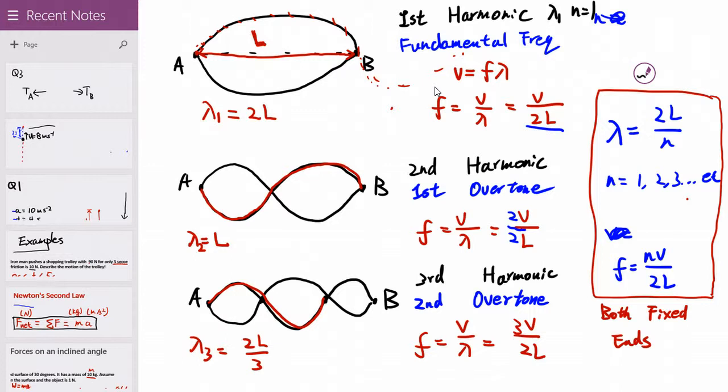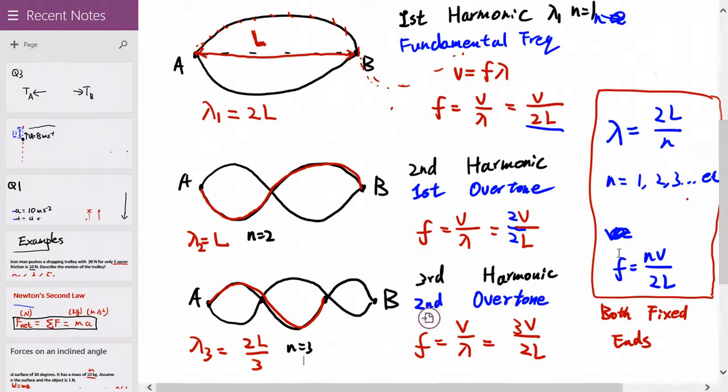Just remember: second harmonic, first overtone, n is 2. Then we have the third harmonic, second overtone, n equals 3. Lambda 2 and lambda 3 all fit with these formulas. So those are the basic calculations.